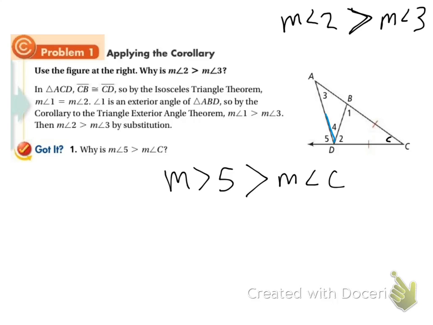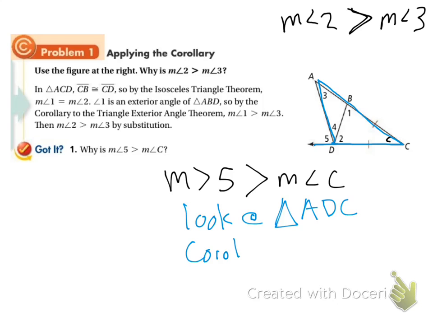So if I look at this triangle, angle 5 is an exterior angle, and angle C is an interior angle. So I look at triangle ADC, and then use the corollary to the triangle exterior angle theorem.